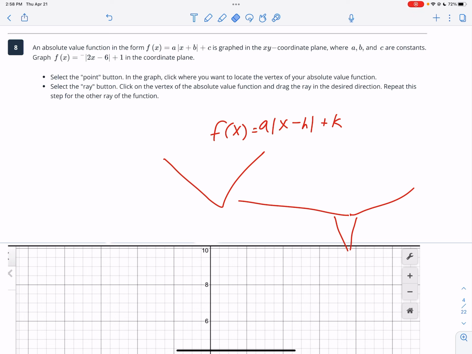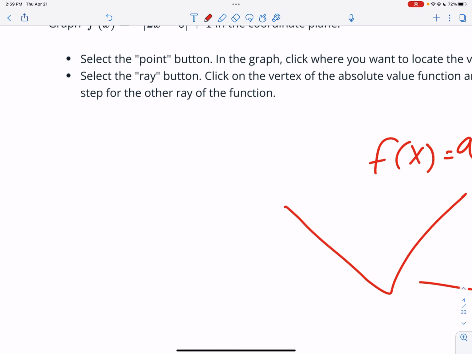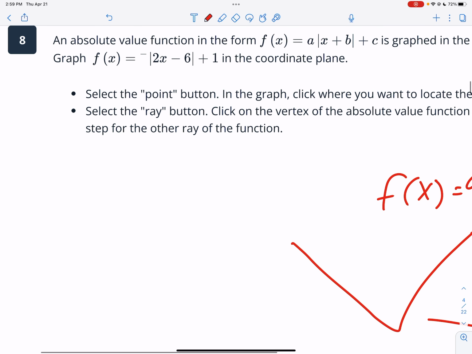It's fine. What is interesting about this, though, is that notice you don't have an a on the outside of this. You have a -1, but you've got this 2 right here, which doesn't really fit our form. So I want to factor a 2 out of this. We have negative absolute value of 2x minus 6 plus 1.